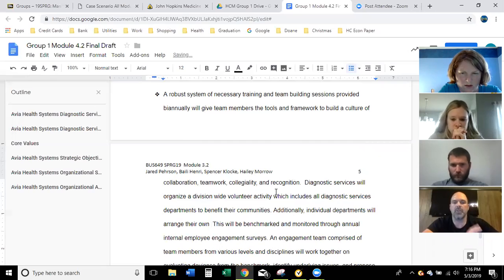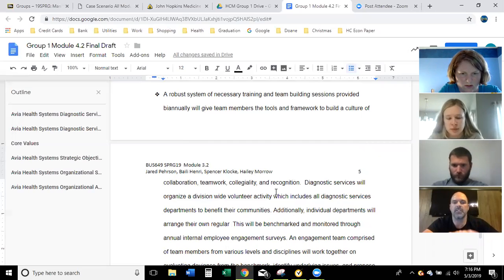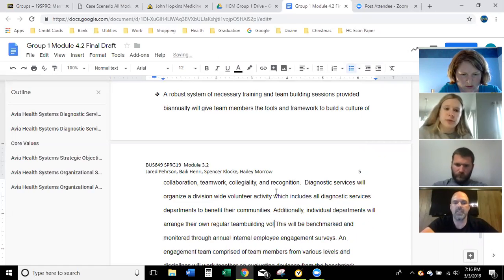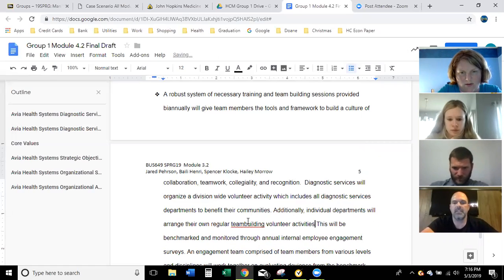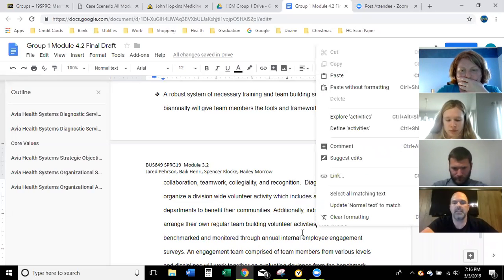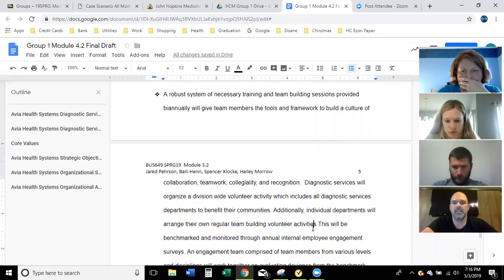Or arrange their own regular volunteer, or regular team building volunteer activities.